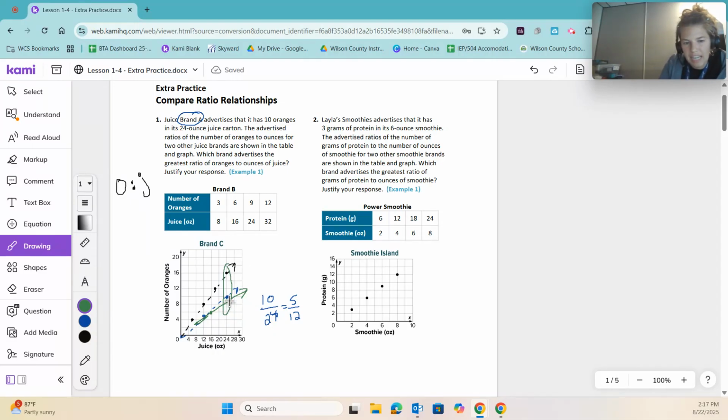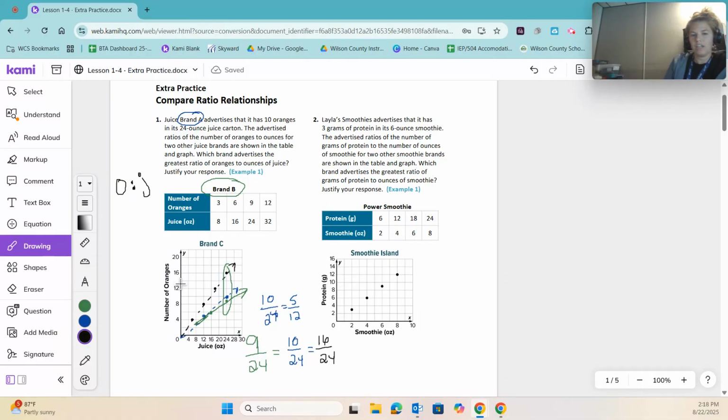And you can see that with 24 as the denominator, 10 over, oh, here, actually, let's do this. Let's do 9 over 24 is the brand B, and then brand A was 10 over 24, and brand C was 16 for 24.